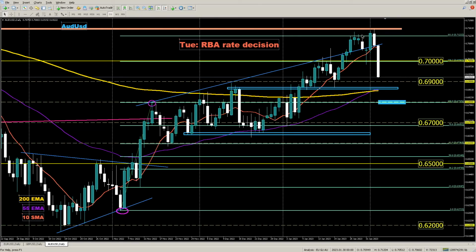But this is all a reaction against the US dollar index. So we'll see how far it's going to fall as well.